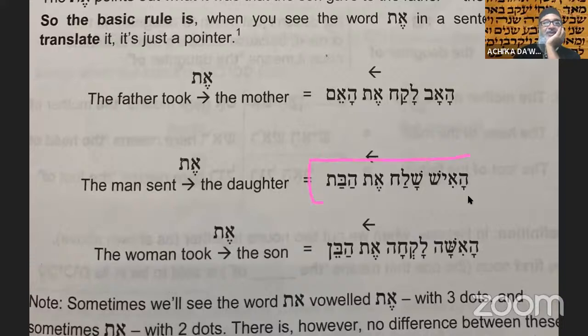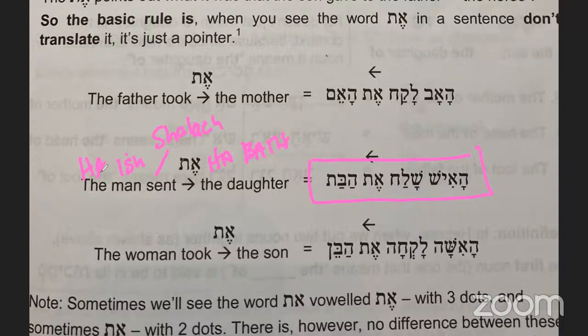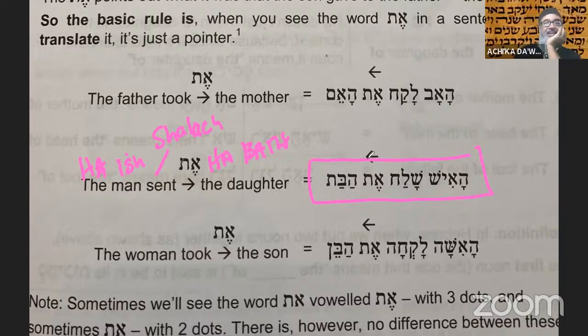Someone read this one for me. Okay. Shalach. Good. Ha'ish shalach eth.